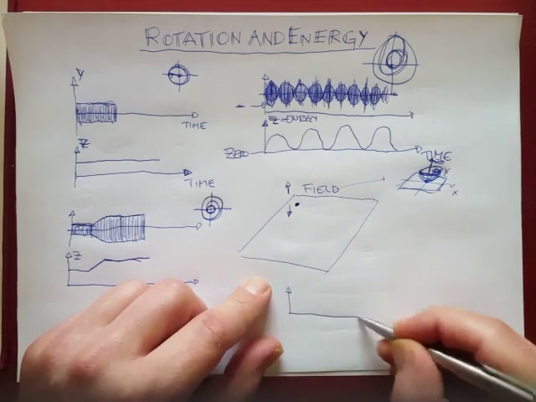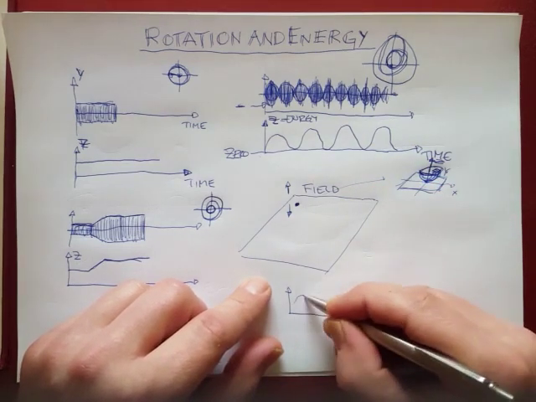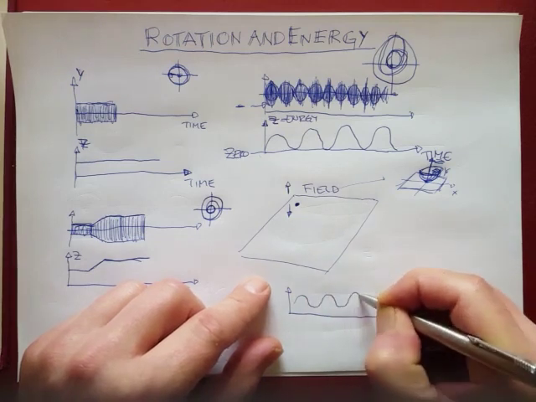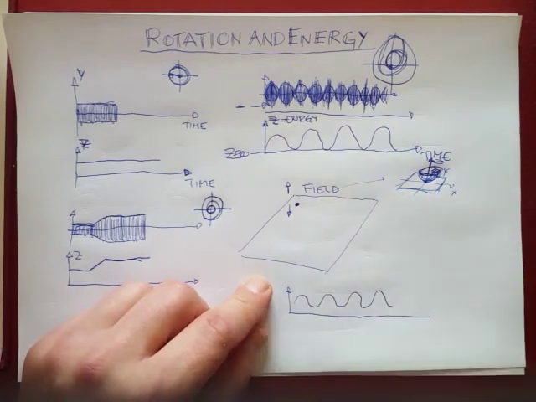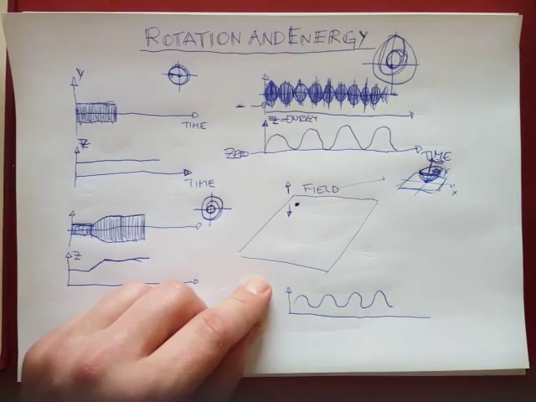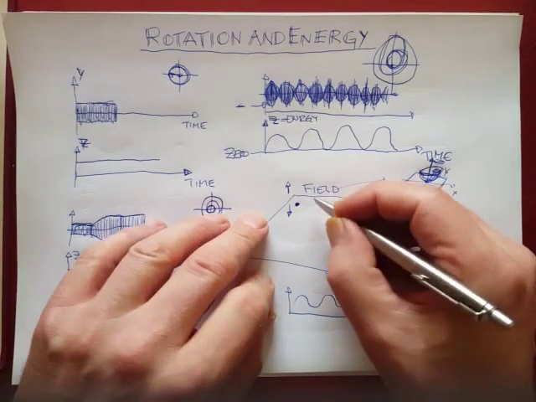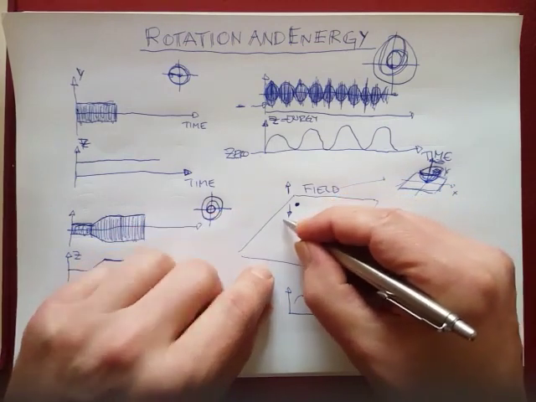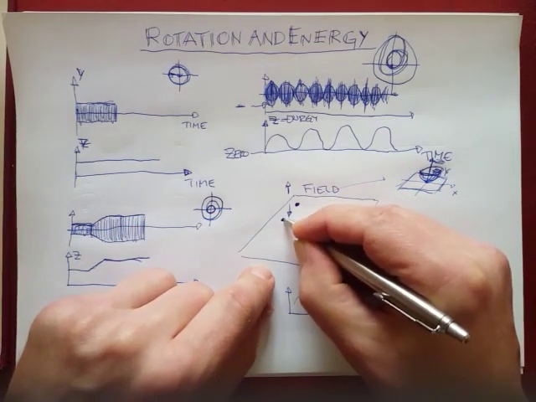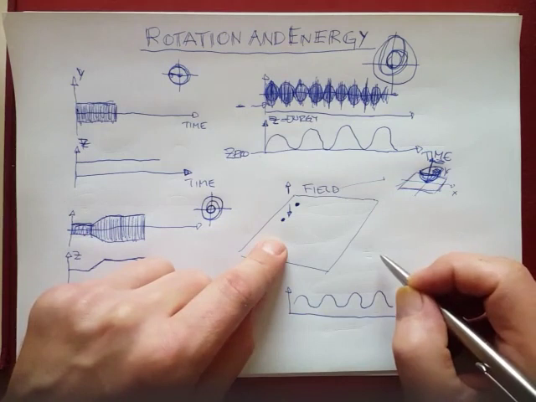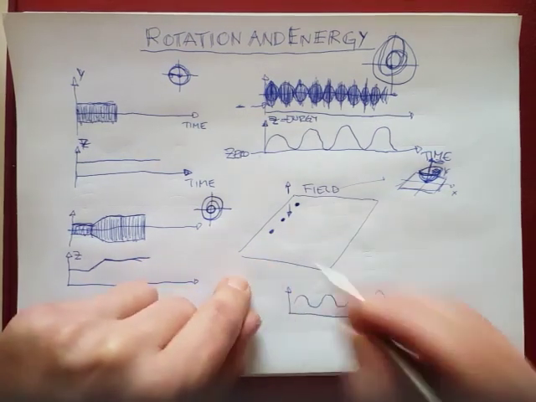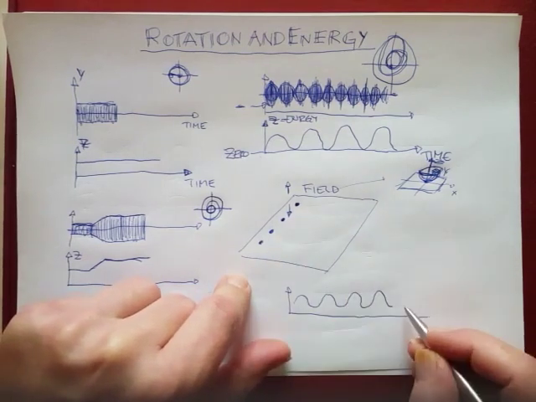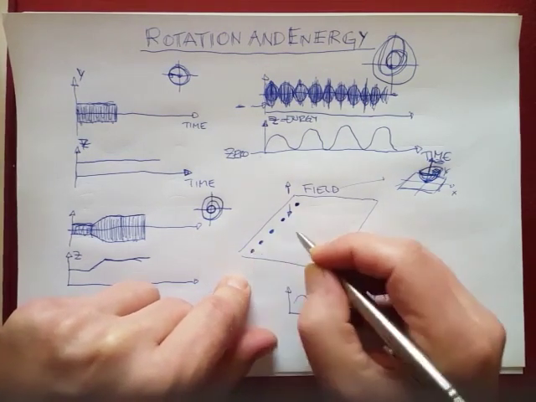We will get a wave like this in that particular spot. Then we could take another point over here and have that changing in the same way. And another point here changing in the same way, et cetera.